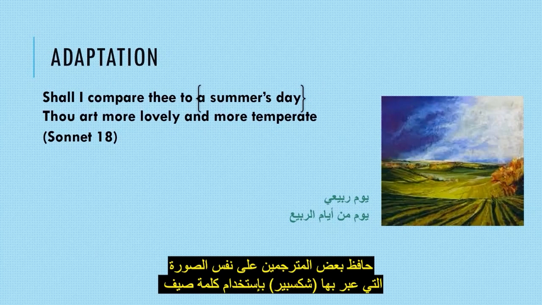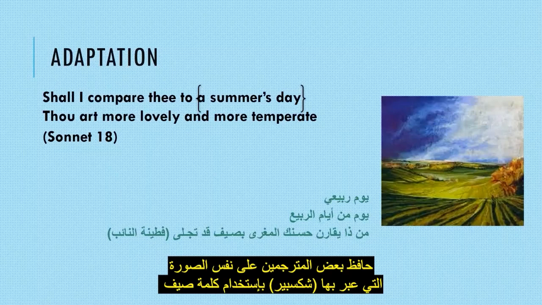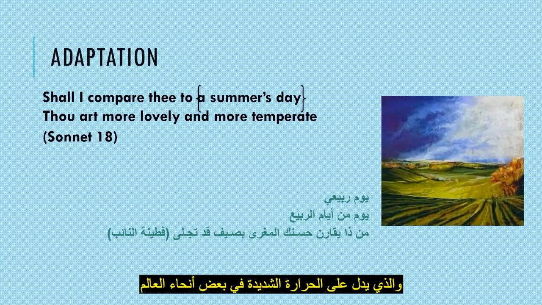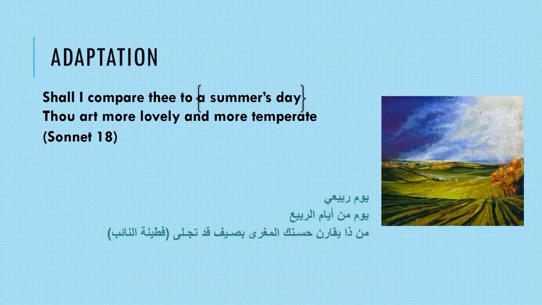Some translators maintained the same picture given by Shakespeare and used the word summer, which is scorching in some parts of the world, like فطينة النائب من ذا يقارن حسنك المغري بصيف قد تجلى.